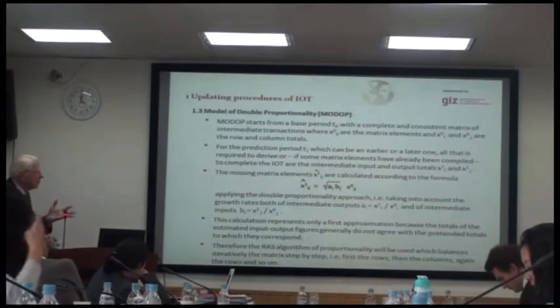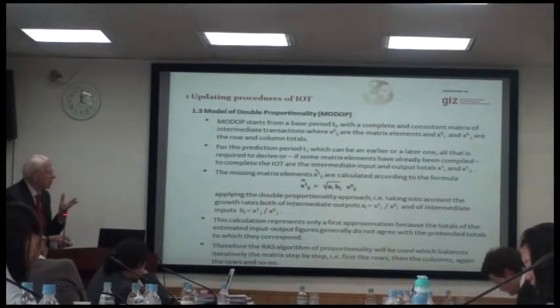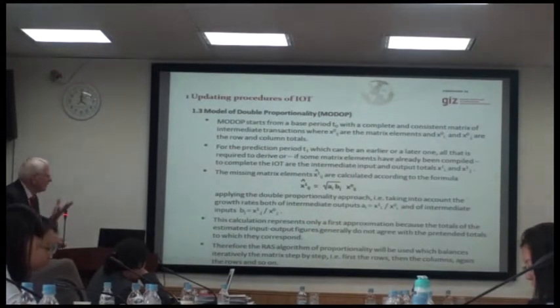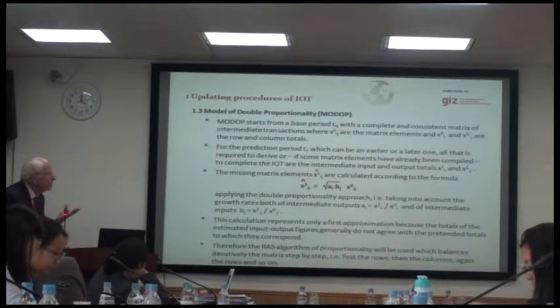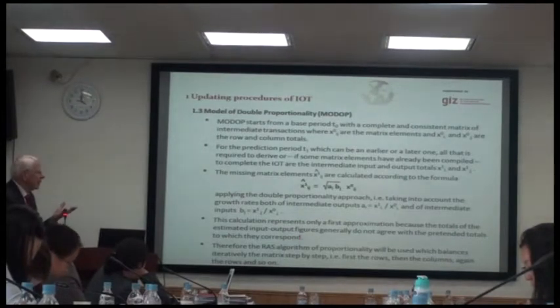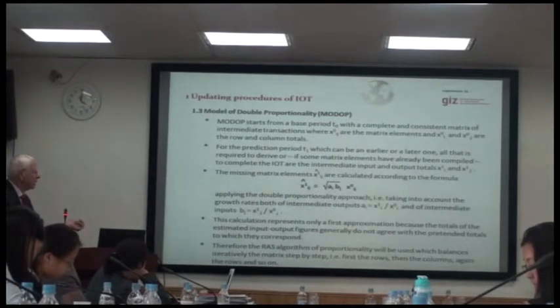This calculation represents only a first approximation, because the totals of the estimated input-output figures generally do not agree with the pretended totals to which they correspond. It means the given data before are not fully compatible with that data which we have now estimated, if we sum up rows and if we sum up columns.